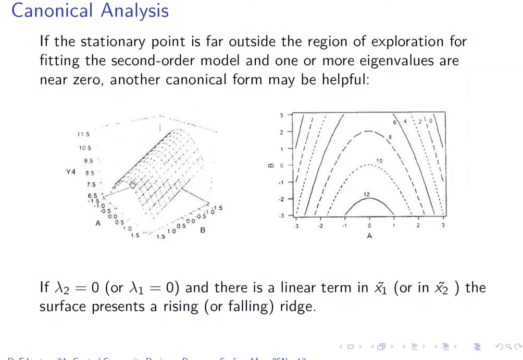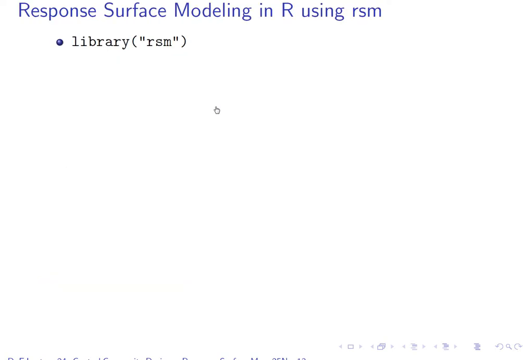If you see a model like this, where the response value is increasing, but the maximum or stationary point is outside the region, then you're going to need to add the first order terms. But let's move on now to an example from the R package RSM for response surface method, and then we'll move on to a brief example that's from the literature.